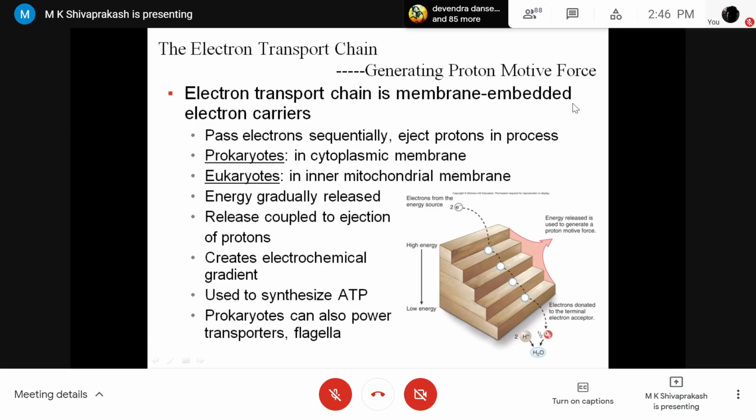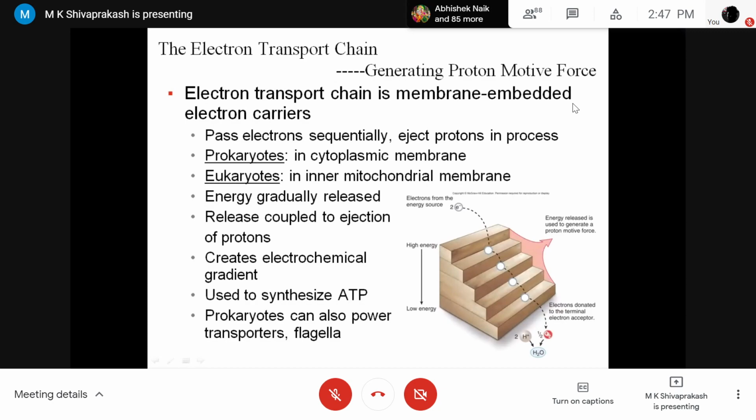In prokaryotes, it is found in the cytoplasmic membrane, whereas in eukaryotes, it is found in the inner mitochondrial membrane, the cristae, the double membrane structures found in the inner part of the mitochondria. Then energy is gradually released, and this release is coupled to the ejection of protons.